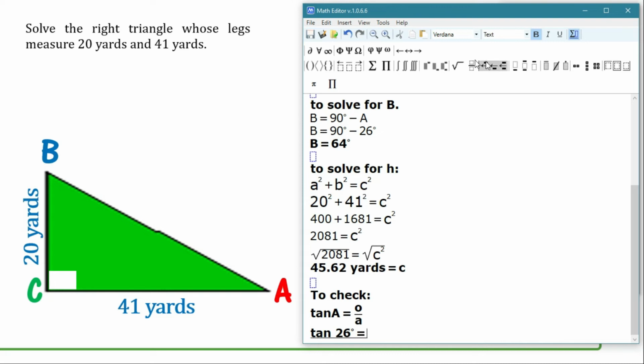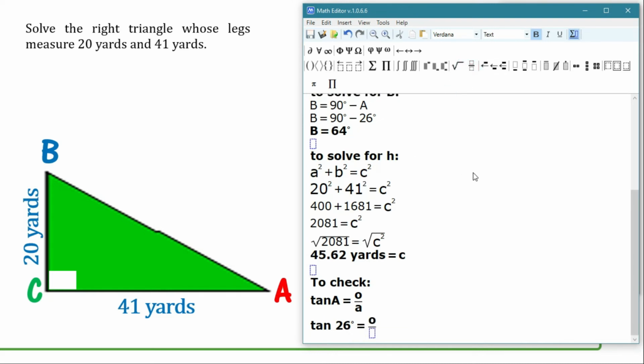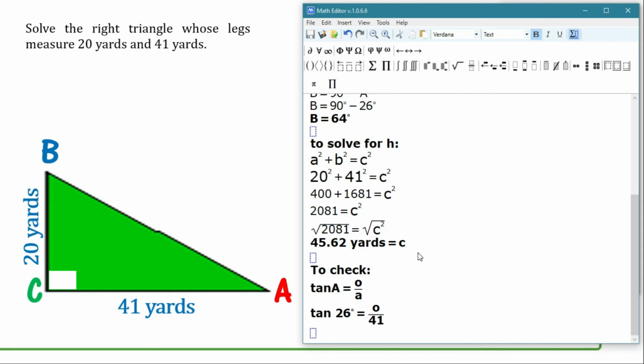Okay? Check natin kung 20 yards talaga siya. So, gawin muna natin siyang unknown. That is opposite over the adjacent, which is 41 yards. Okay? And for us to get the value of O, we are to multiply both sides by 41.